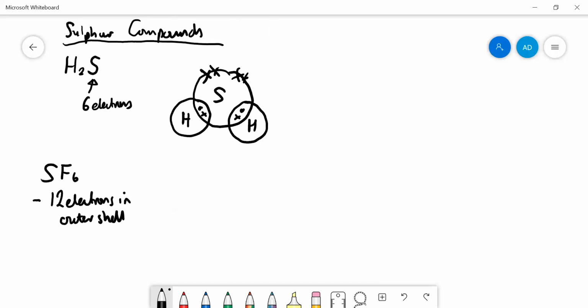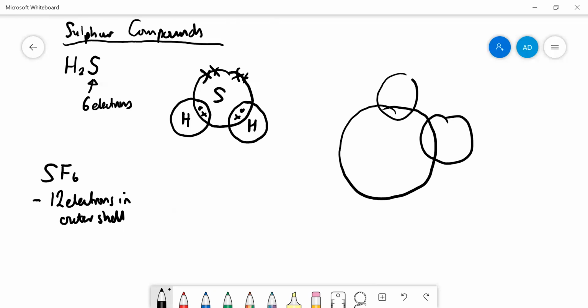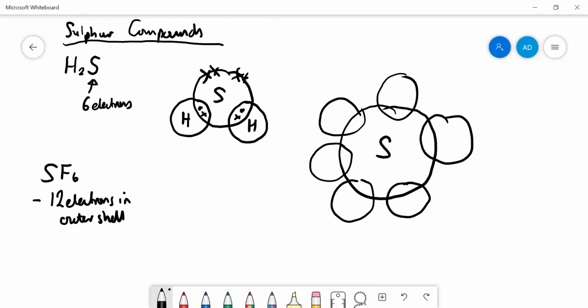So SF6, I draw, and I need 6 of them, 1, 2, 3. So there's sulfur in everyone there. It's got a dot and a cross, a dot and a cross.